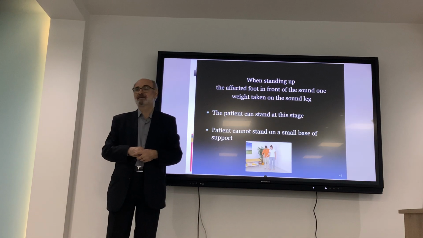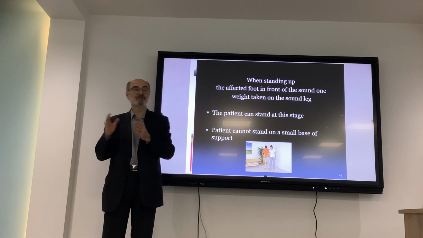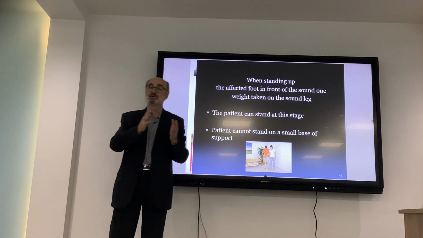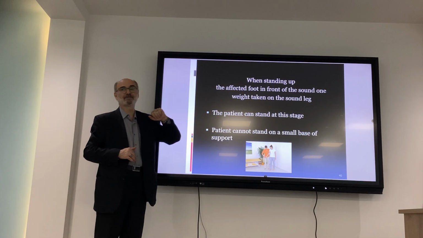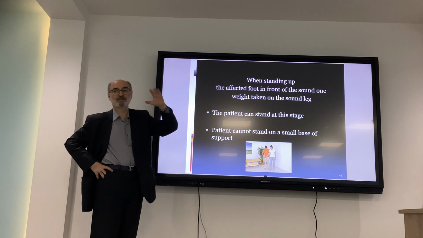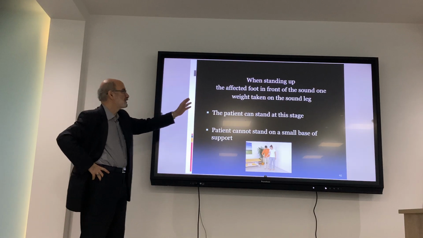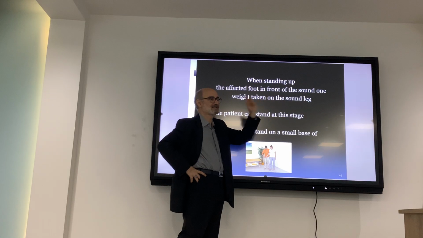We said they are reluctant to use the affected leg to shift the body weight over the affected one. Therefore, when you ask the patient to stand up, they place the affected foot in front of the sound one.